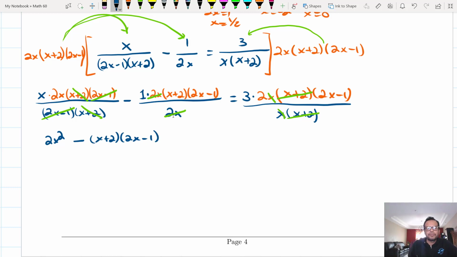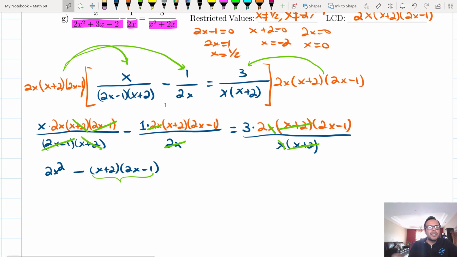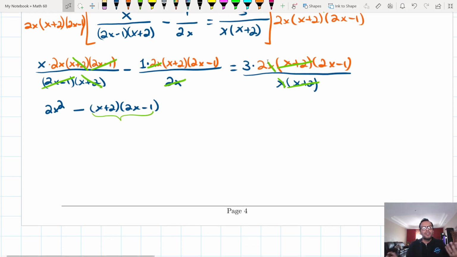But in this case, notice this is the factor form of the polynomial in the denominator of the first fraction given in the original. So we don't want to spend a lot of time foiling that. If you want to do that, of course, you're good to go. And then equals 3 times 2, which is 6, times the quantity 2x minus 1.